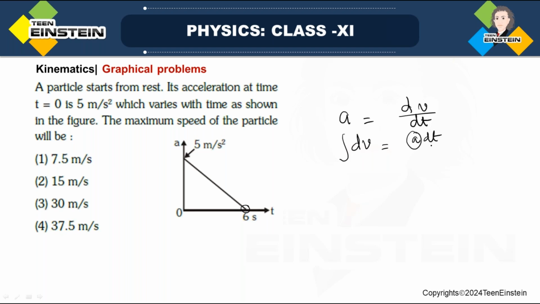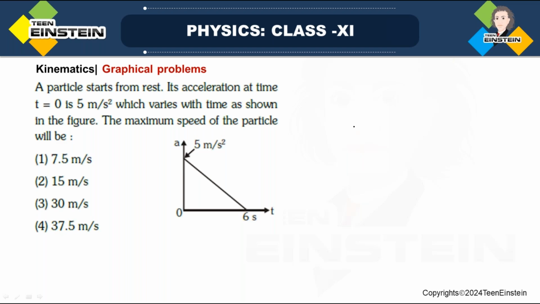Here both a and t are variable, so that's why there is a problem. Let us not go with this. Better to find an average acceleration. Let us read the question once again so that we can get some good clue.